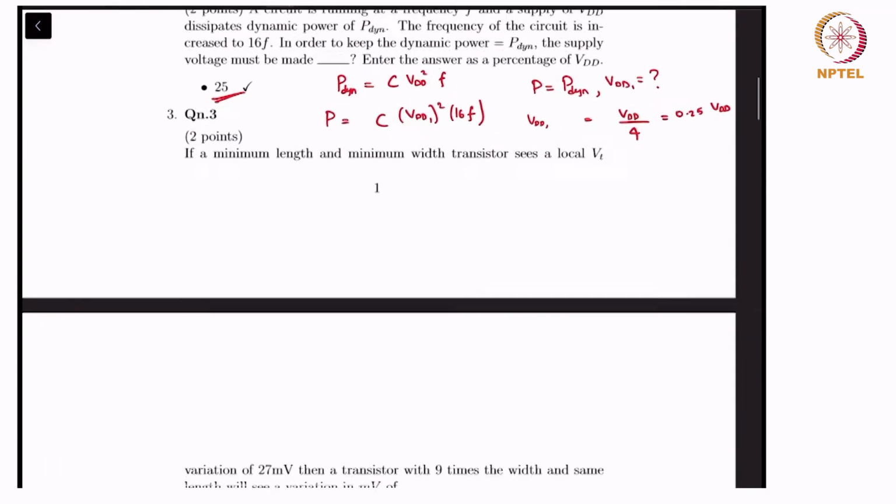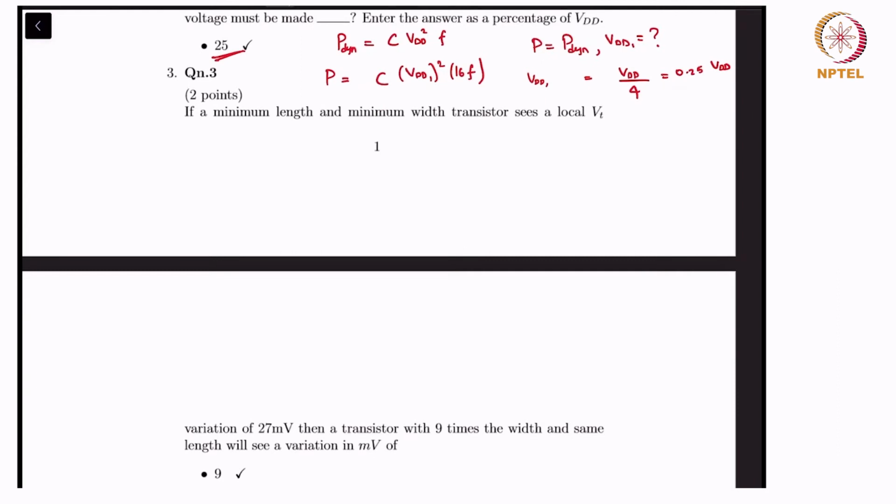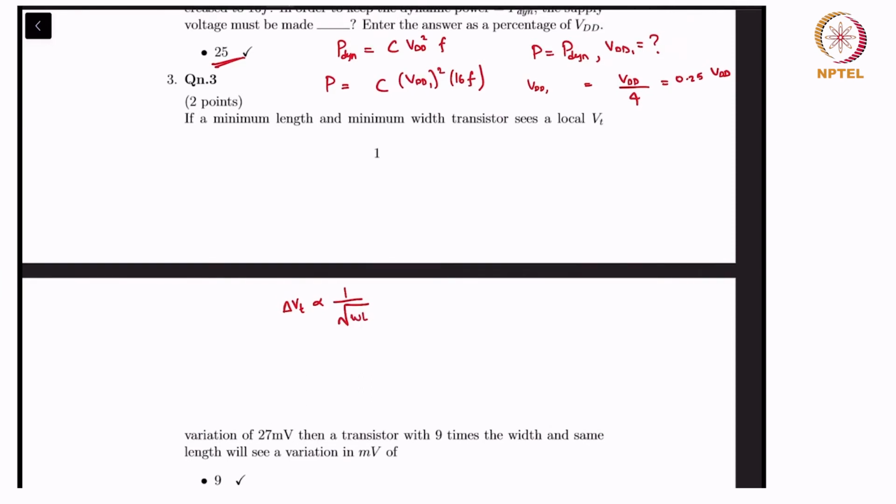In question 3, if a minimum length and minimum width transistor sees local VT variation of 27 millivolt, then what about one which has 9 times the width and the same length? The idea is that delta VT, the local variation, is going to be inversely proportional to the square root of WL.